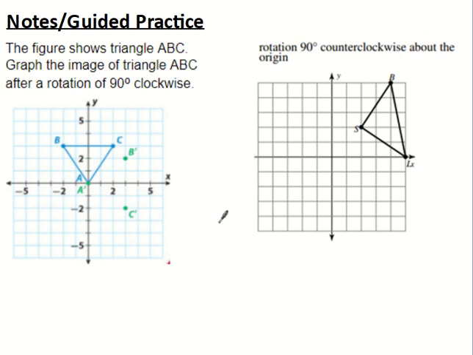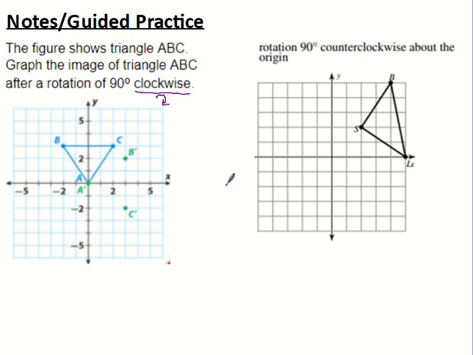All right, so we have triangle ABC right here, this blue one. And we're going to graph the image of triangle ABC after a rotation of 90 degrees clockwise. When we do rotations, they'll always give you a degree, and then they'll always tell you which way to go. Clockwise is just like on a clock.